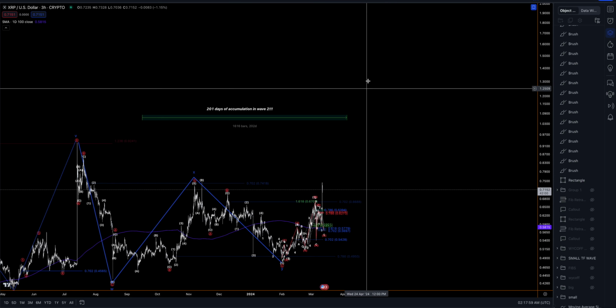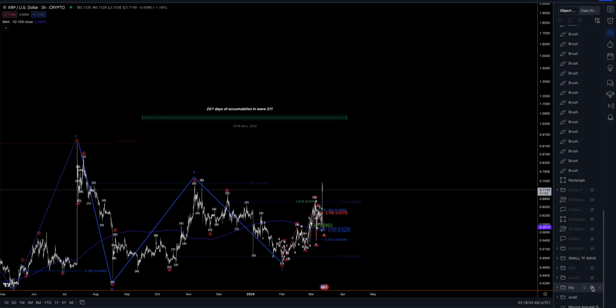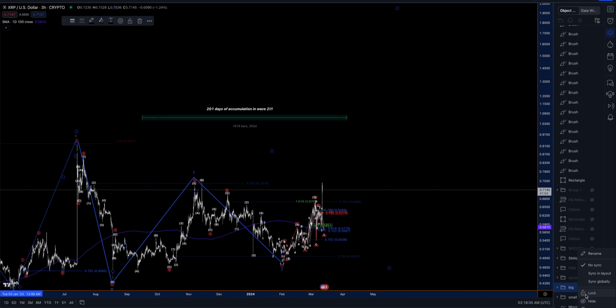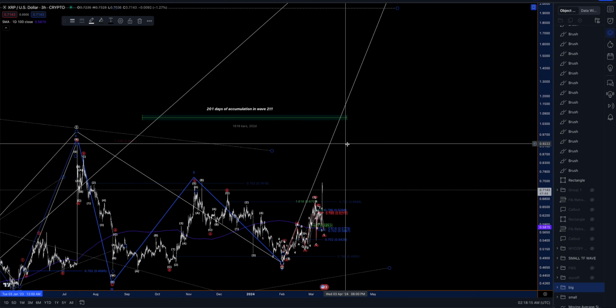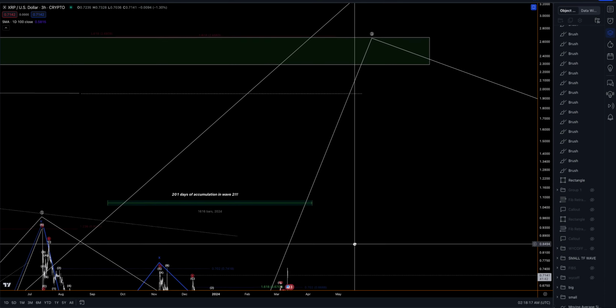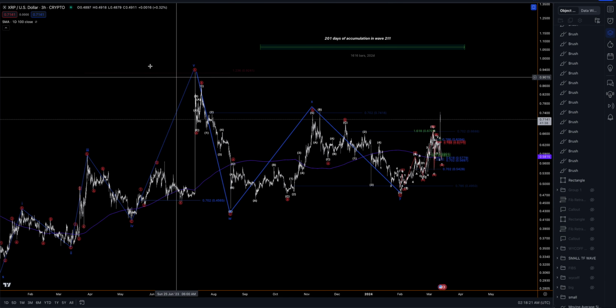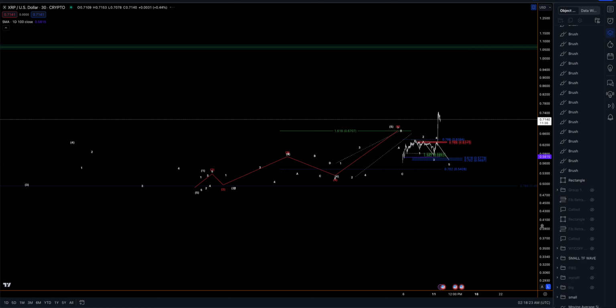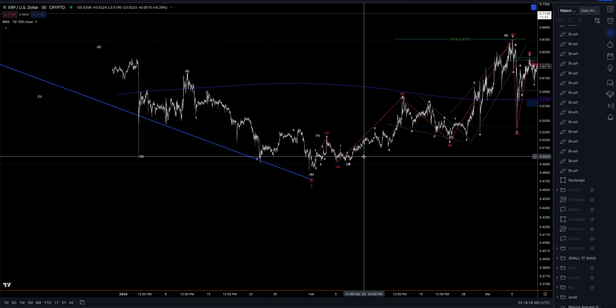Now we're starting our huge wave 3 to the upside. Okay, you see we're starting our huge wave 3 to the upside here. Okay, so let's zoom in here on the 30-minute time frame, and let's analyze XRP.